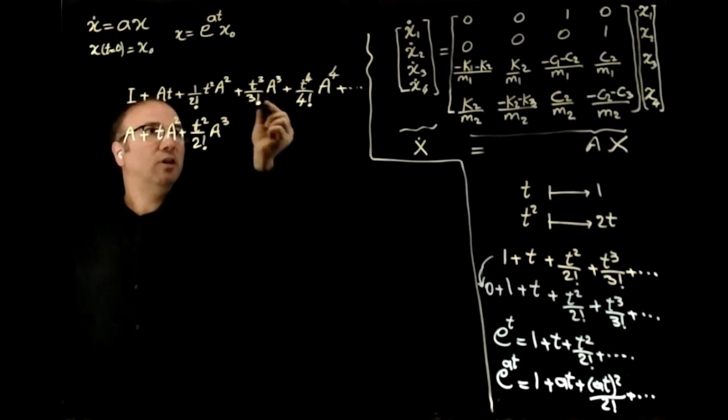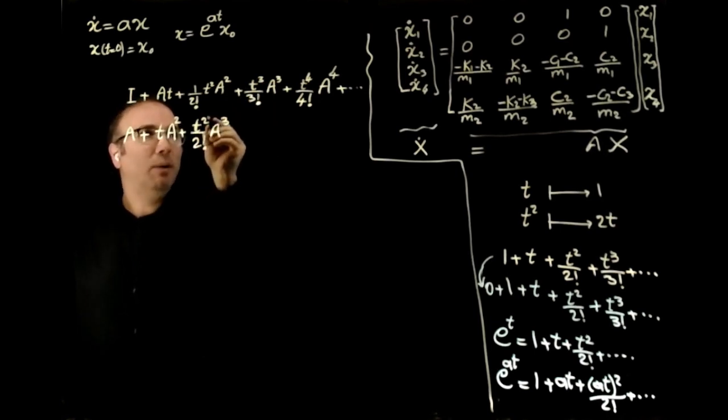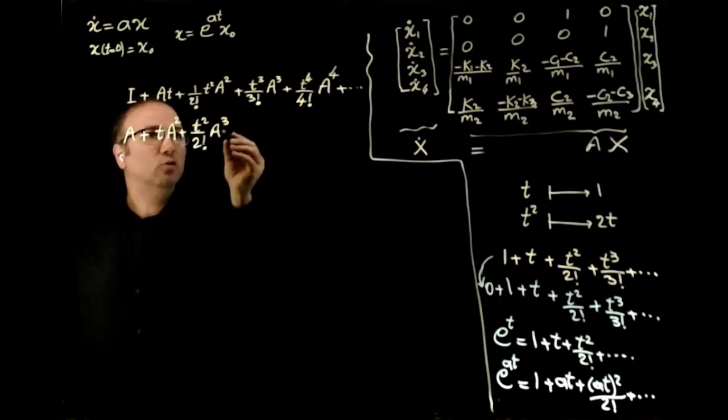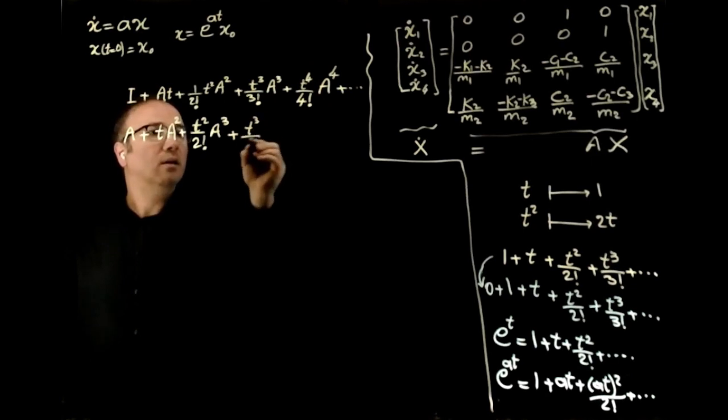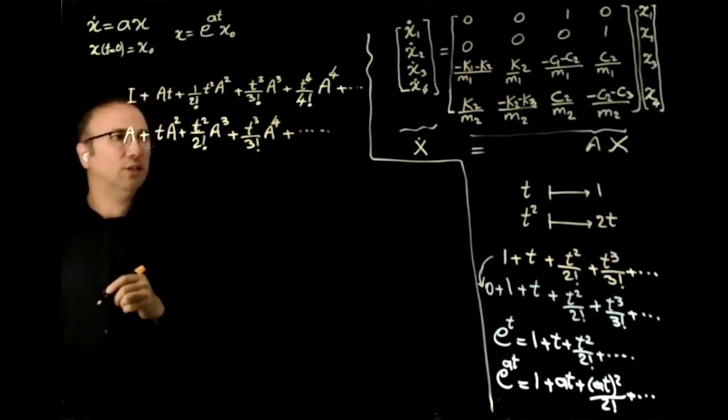Because the derivative of t cubed is 3t squared, and the 3 cancels out, it becomes t to the power of 2 divided by 2 factorial times A cubed. Then this term becomes this term, and we have A to the power of 4 plus all the other terms.